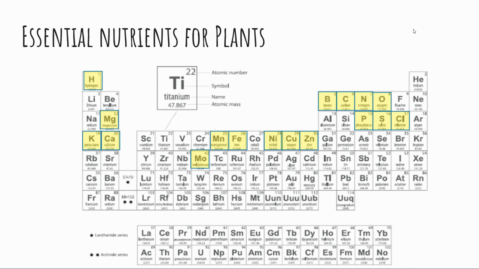So what is shaded here yellow, and kind of off a little bit, but it's okay. These are essential nutrients for plants, okay? And your primary ones, of course, again, being nitrogen, phosphorus, and potassium, okay? And then, of course, hydrogen and oxygen is in there as well. And then you have your secondary, and then you have your micro.